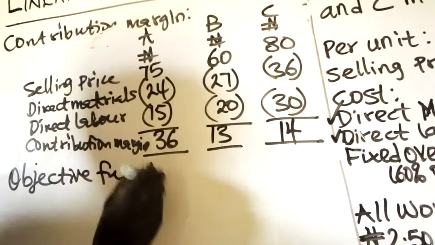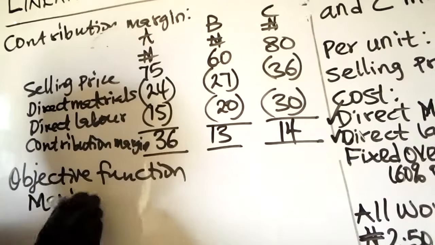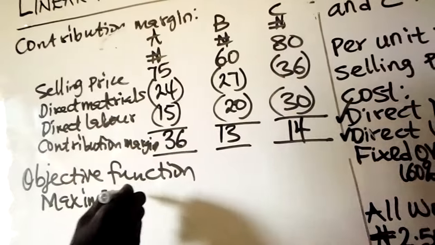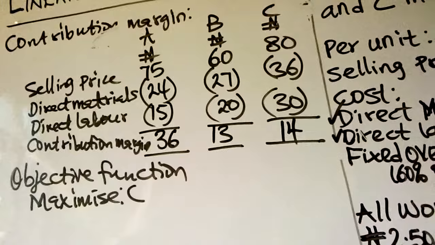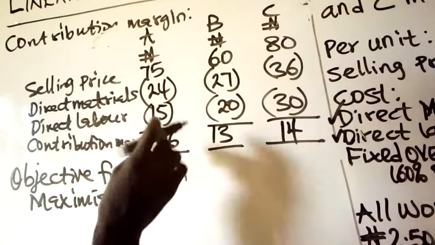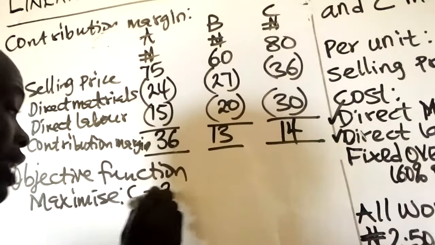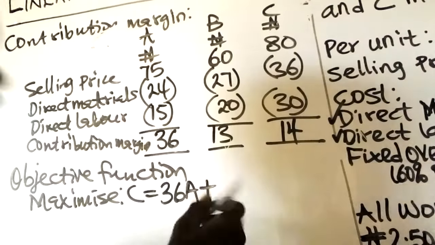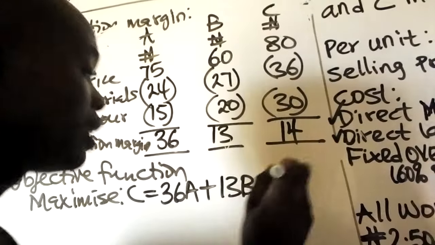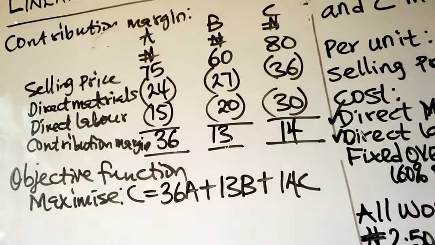Now, your objective is to maximize the contribution, which is 36 of A plus 13 of B plus 14 of C. So that is the objective function.